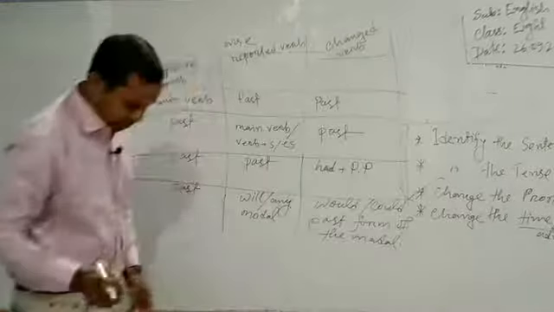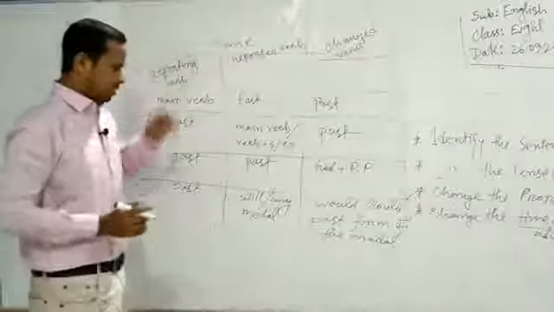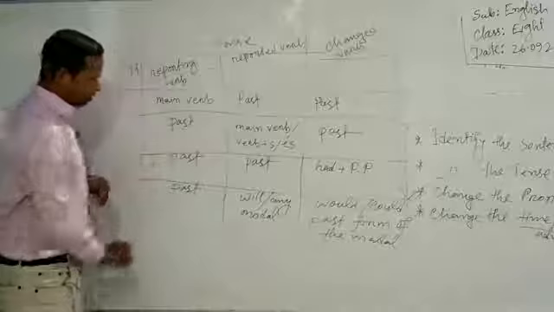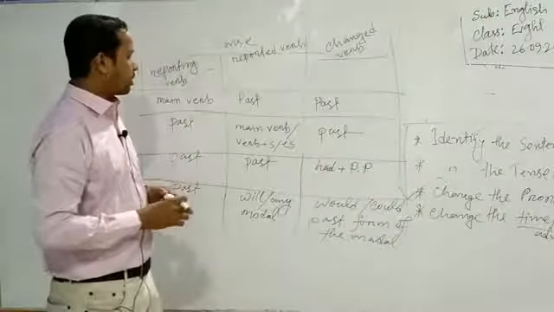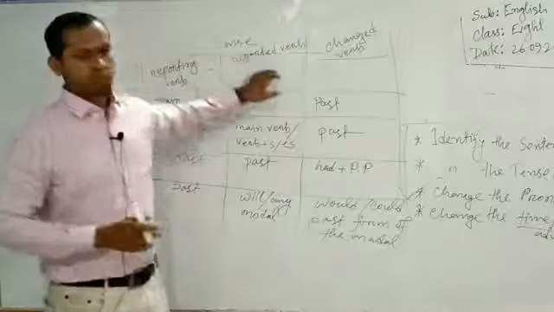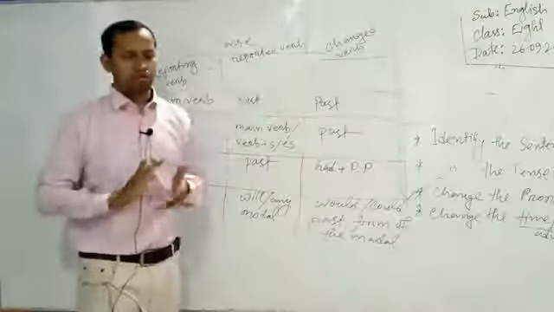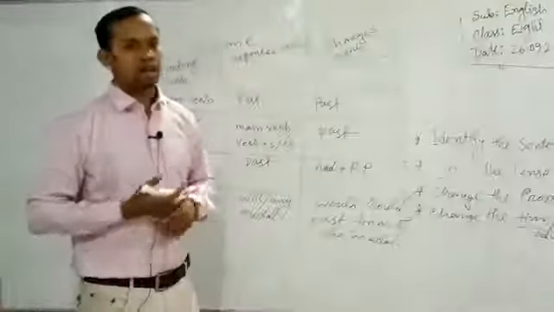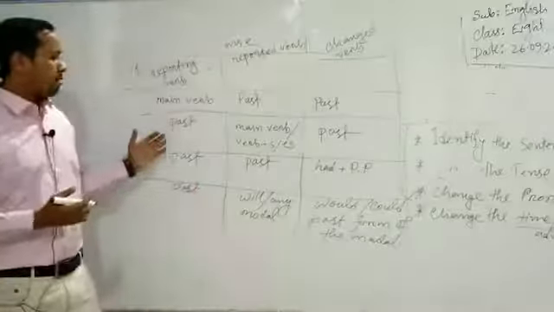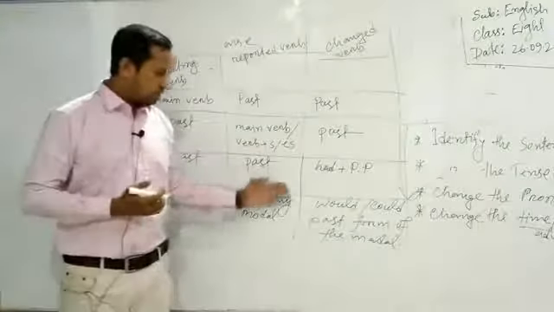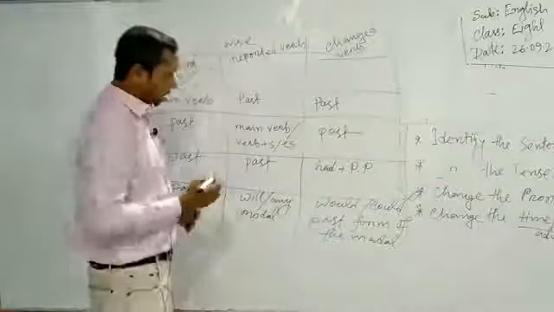There are some differences. If the sentence remains a habitual fact or habitual truth, then we should not change the reported verb. The reported sentence will be the same. There is also a difference in the case of must and had to. If in past form we have must, then we have to change it into had to. Okay.